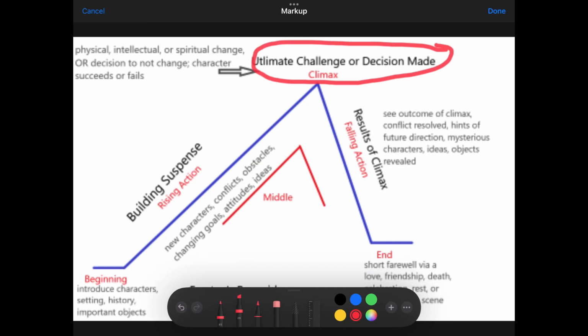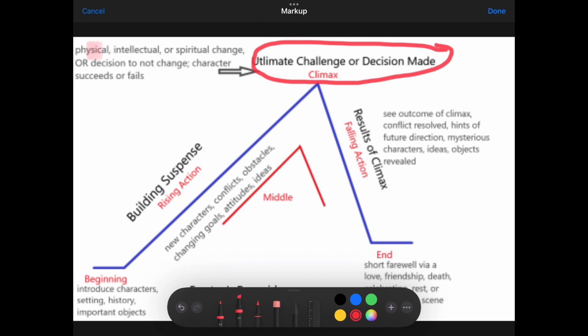Now we're going to cover the ultimate challenge or decision made, aka the climax. This is where we're covering things that change about the character, significant change about the character or the story or just details. This is going to be either physical, intellectual, spiritual.